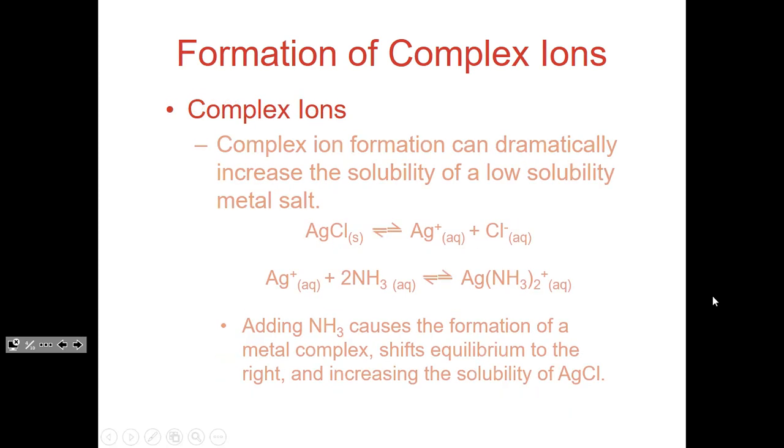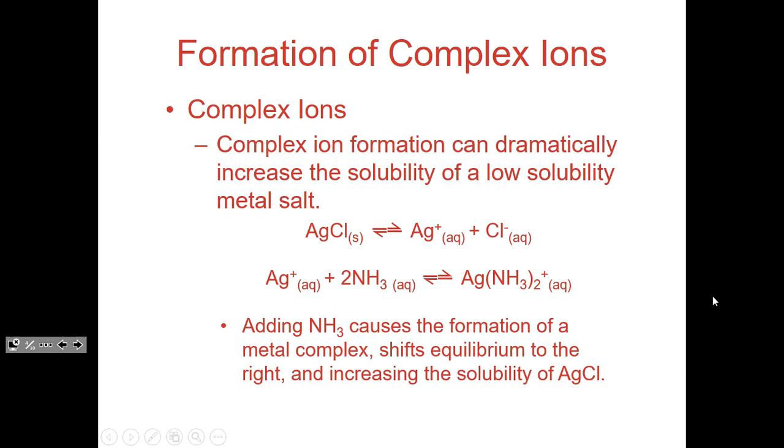Now, when you form a complex ion, what you're doing is creating a very specific chemical reaction that's heavily product favored. The K of these metal complex formations, so it's called a Kf, these are very large value substances. And what that means is if we have this low solubility saturation of silver chloride, we dump the silver chloride in water and very quickly reach saturation.